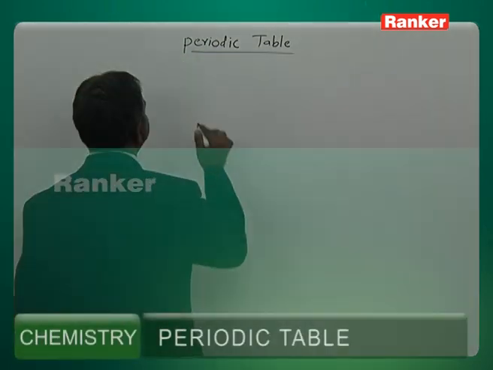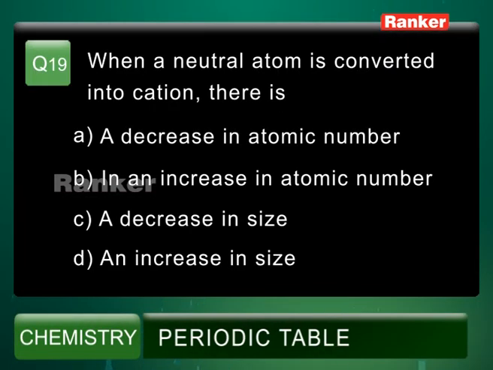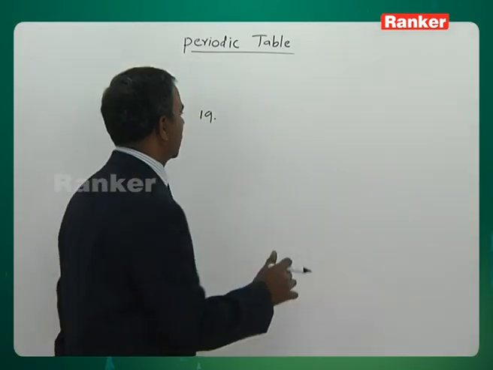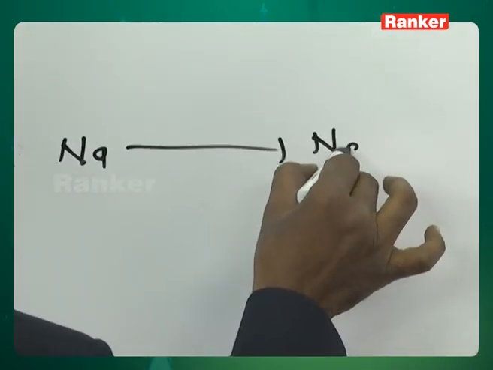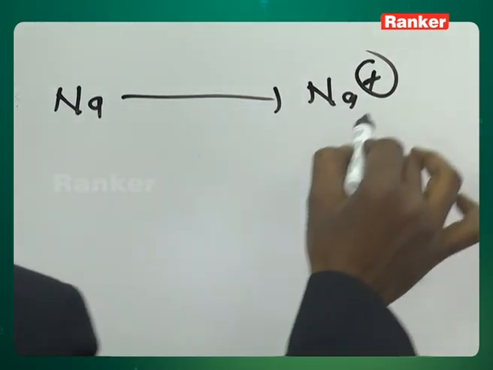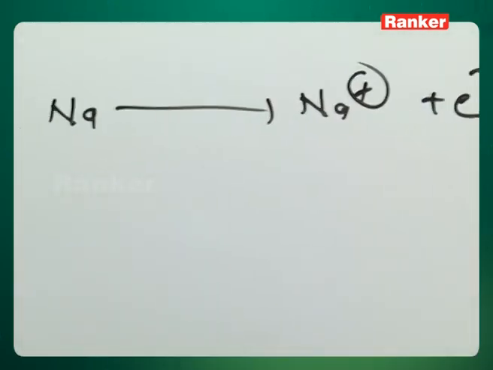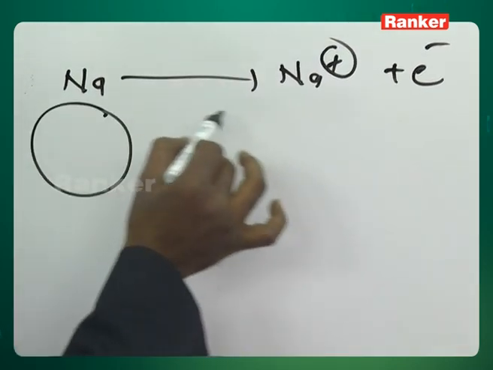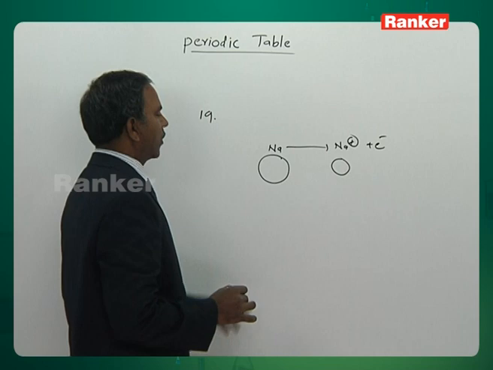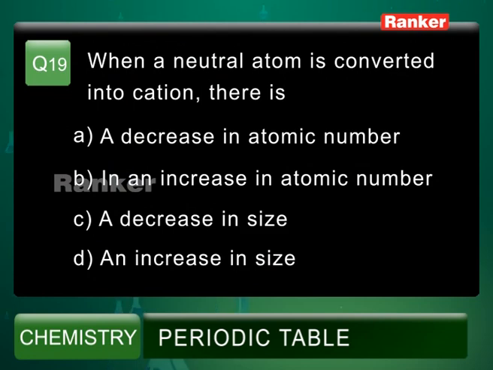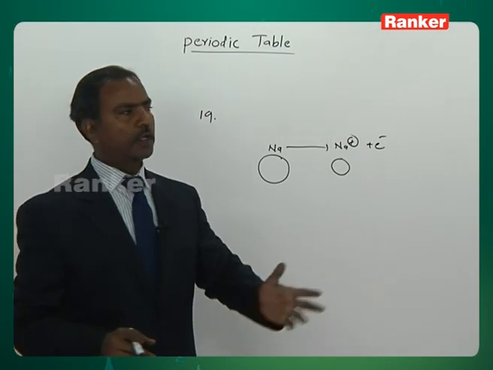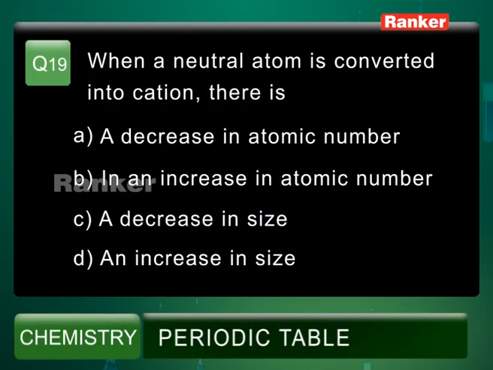Question number 19: when a neutral atom is converted into a cation, there is a decrease in the atomic number, an increase in the atomic number, a decrease in size, an increase in size. Consider sodium converting into Na plus. An electron is released. The neutral atom is a little bigger and the cation is smaller. Therefore, atomic size decreases. The atomic number equals the number of protons, and there is no change in the number of protons, since only electrons change. So there is no decrease or increase in atomic number.